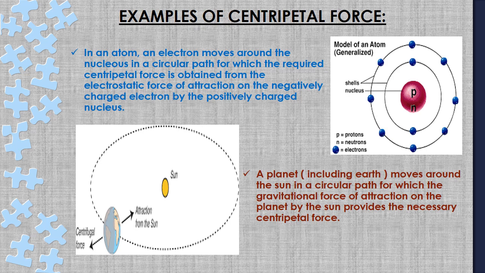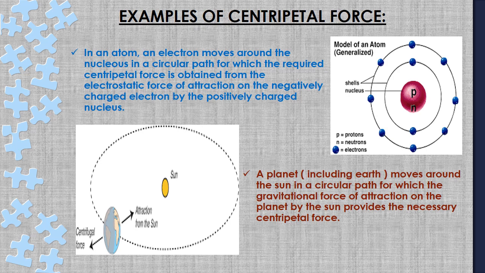Second example is a planet, including the Earth, moves around the Sun in a circular path for which the gravitational force of attraction on the planet by the Sun provides the necessary centripetal force. In the diagram, at the center, the Sun is there, and all the planets, as you know, revolve around the Sun.